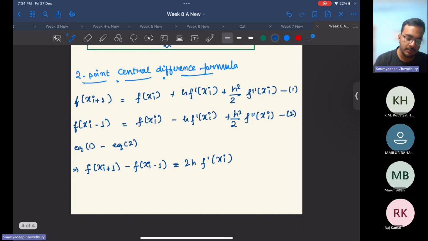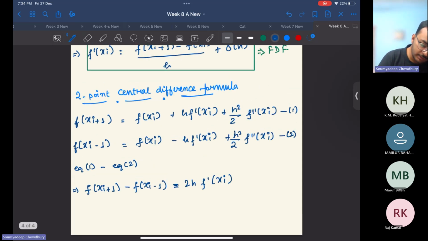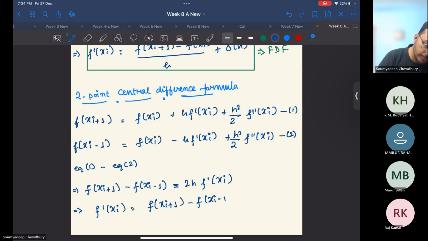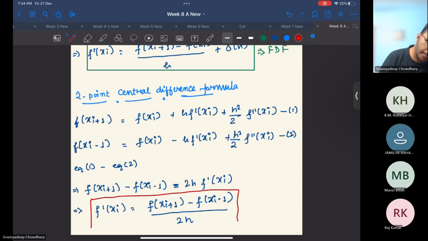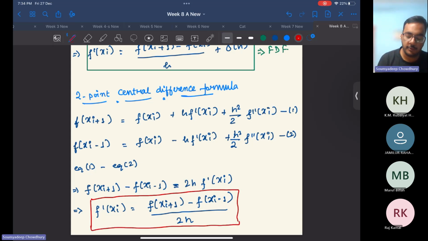Okay, no, let us not include the error here first. So from this, if we want to find out f dash xi, it is basically f of xi plus 1 minus f of xi minus 1 over 2h. So this is the formula for the central difference.